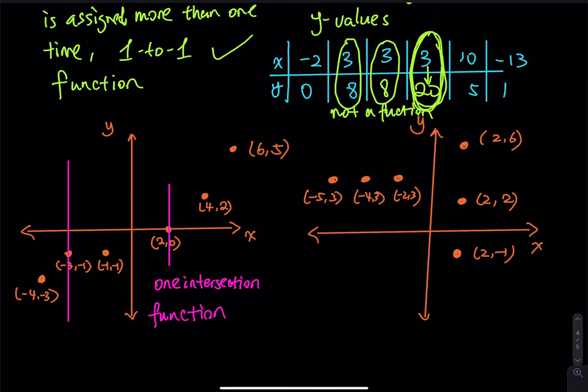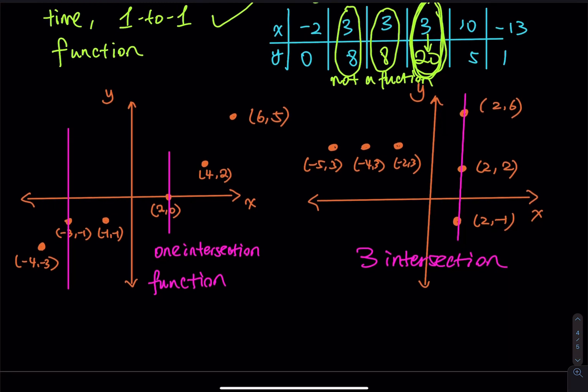How about the next one? So if you play with these dots, you have one vertical line, right? But if you play with these 3 dots, how many intersections do you have? I didn't make them straight enough. So how many intersections do you see? So this is 3 intersections, because 2 is assigned to 6, 2 is assigned to 2, and 2 is assigned to -1.